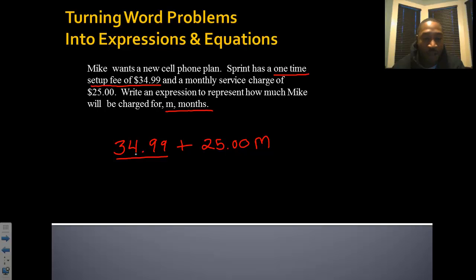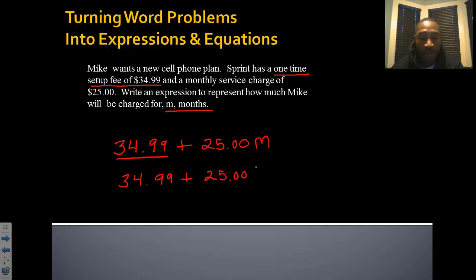I'm going to have to pay that regardless. But then I have to add on the amount that I pay monthly. I'm going to pay $25 monthly. So if I only have the cell phone for 1 month, I can plug in 1 for M. So that'll just be $34.99 plus 25.